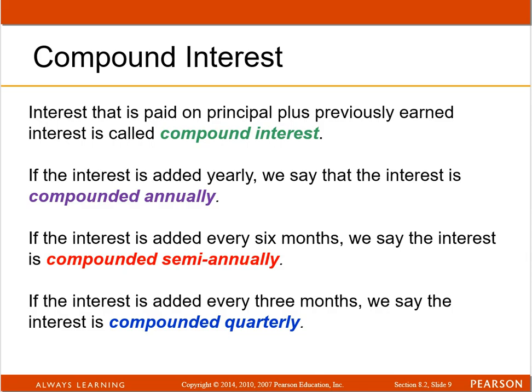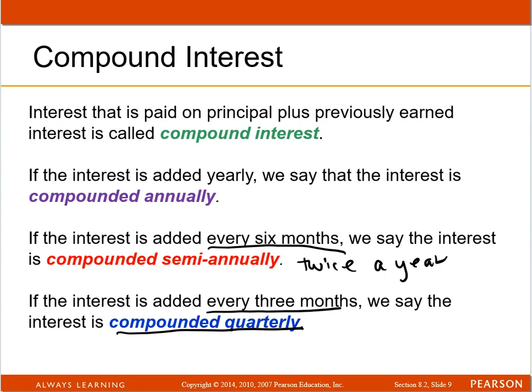Or it might say it's being compounded semi-annually or quarterly or monthly or daily. Compounded annually means once a year. Semi-annually is every 6 months, but that's the same thing as saying twice a year. And then compounded quarterly, that's every 3 months.